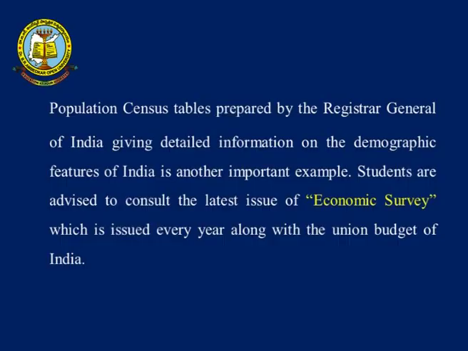Population census tables prepared by the Registrar General of India, giving detailed information on the demographic features of India, are another important example. Students are advised to consult the latest issue of the Economic Survey, which is issued every year along with the Union Budget of India. Every year the Union Budget is released as one magazine, and the Economic Survey as another.